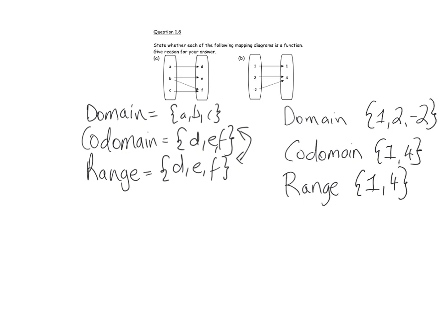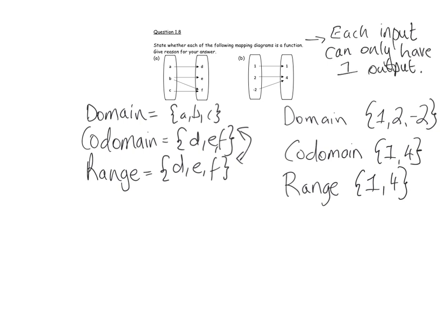Now back to the question: state whether each of the following mapping diagrams is a function, and give a reason for your answer. So we want to see if this is a function. Bearing in mind that each input can only have one output, that's the definition of a function.